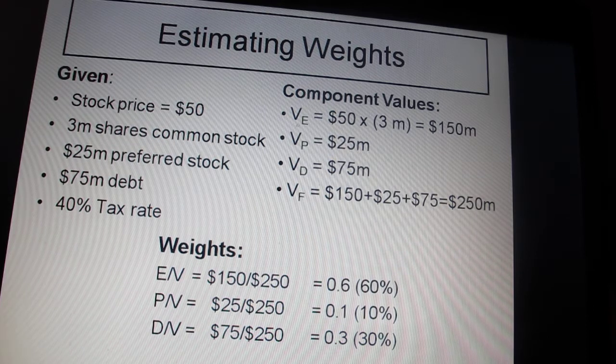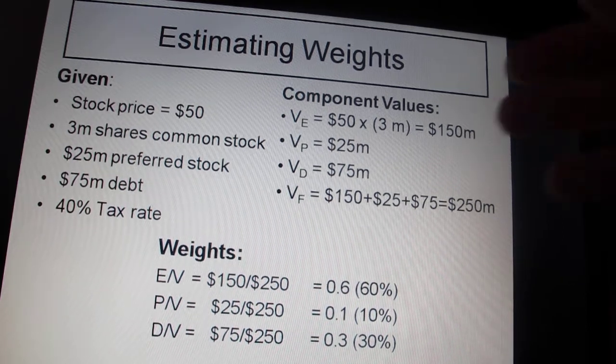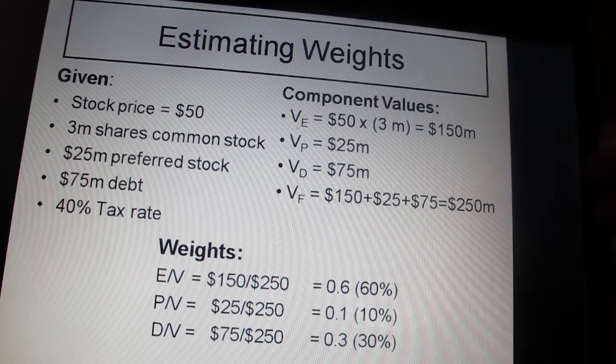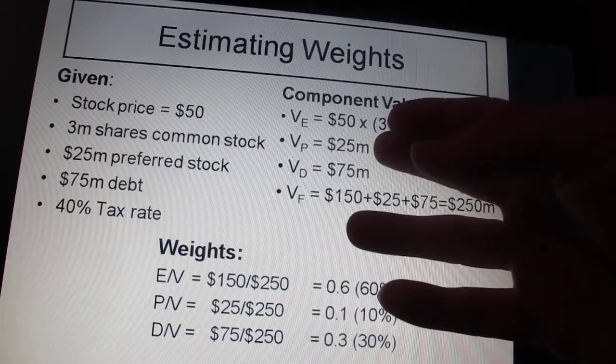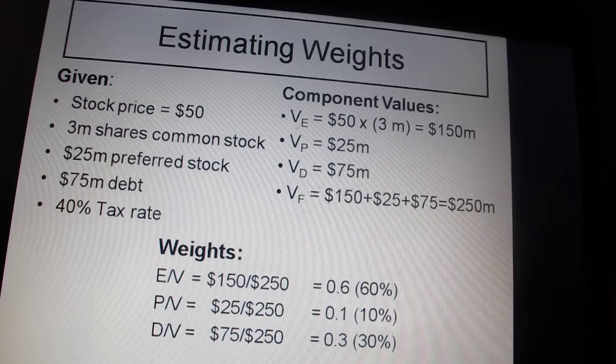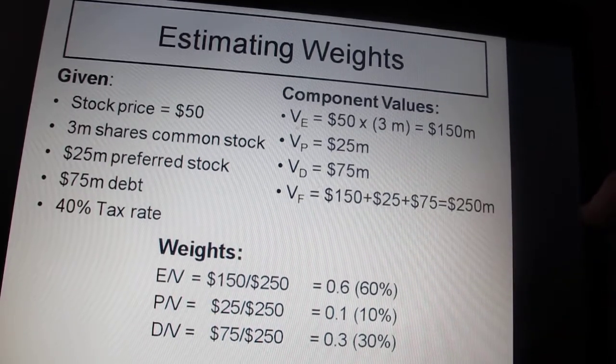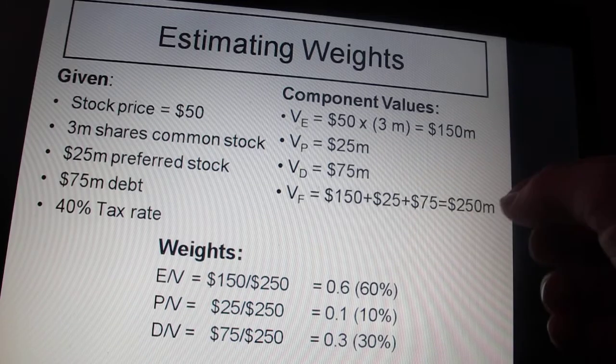You can immediately compute component values from that. For example, valuation of equity, $150 million. The valuation of preferred stock, $25 million. The valuation of debt is $75 million. Total value of the firm, $250 million by adding all the above.